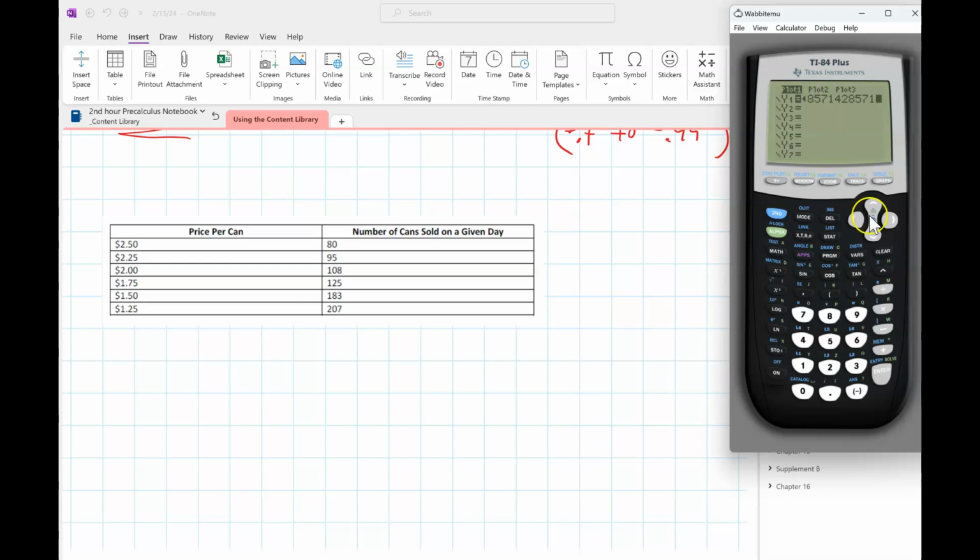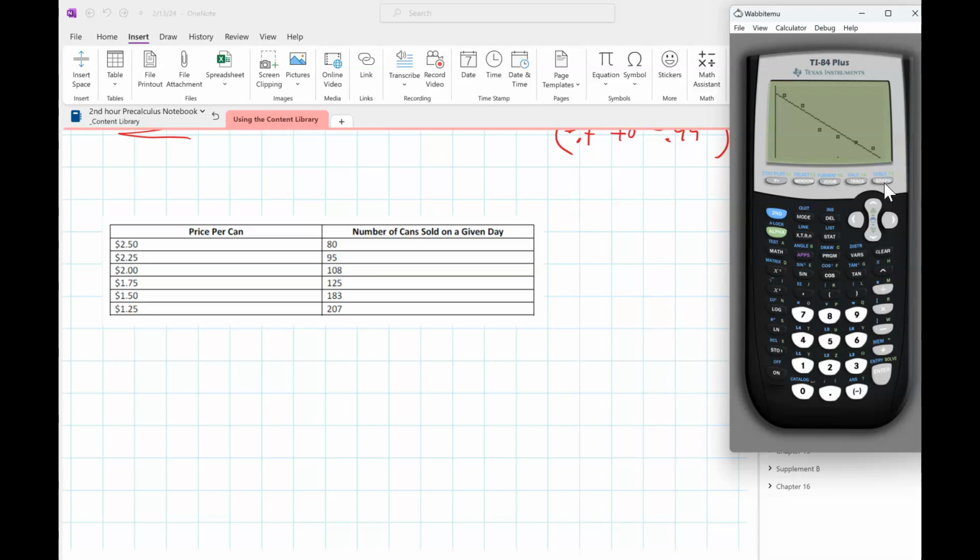That was pretty nice. And if you hit graph now, there's our line of best fit. That line approximates the data. Pretty cool, right?